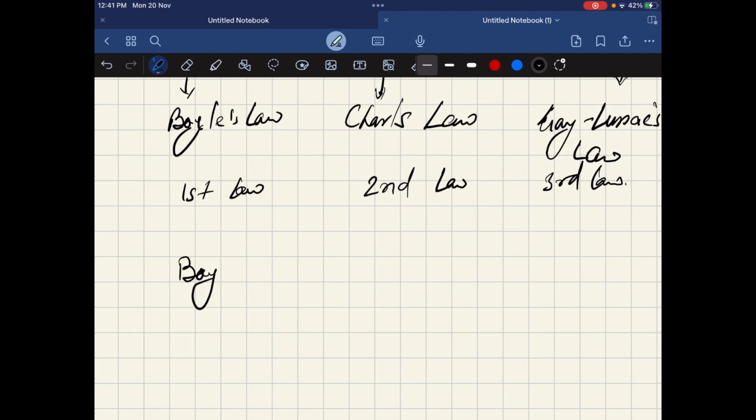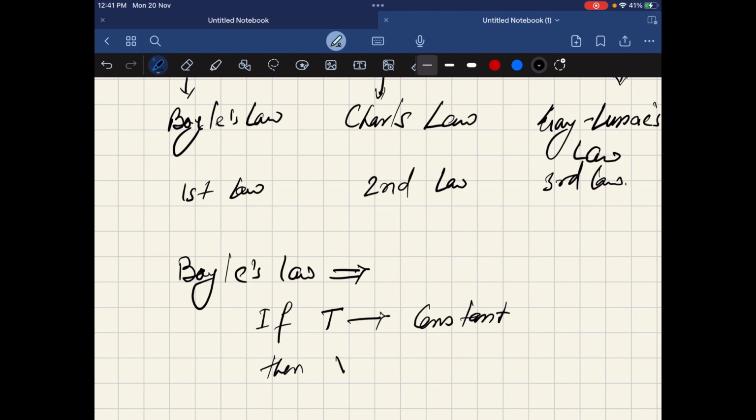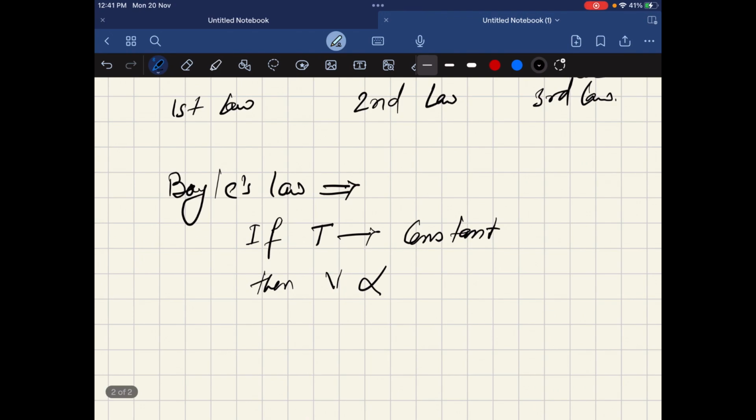Coming to Boyle's law, it says if the temperature remains constant, the volume of the gas will be inversely proportional to the pressure of the gas.